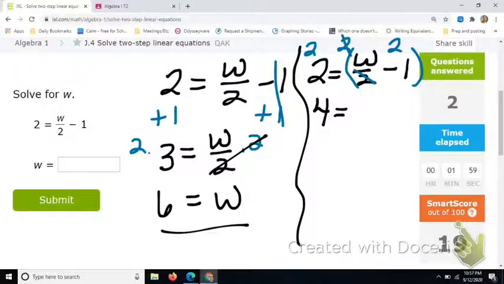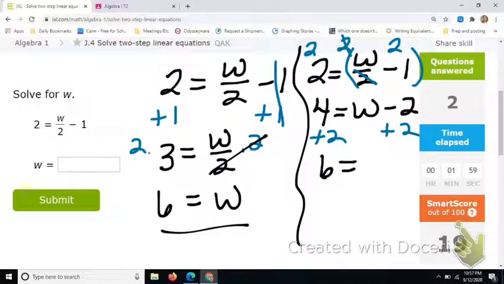So this one would cancel, but there would still be a 2 times this 1. So I could get rid of the fraction first, but I would have to multiply every part, even that -1. Then undo the subtraction. Notice I still get the same answer.